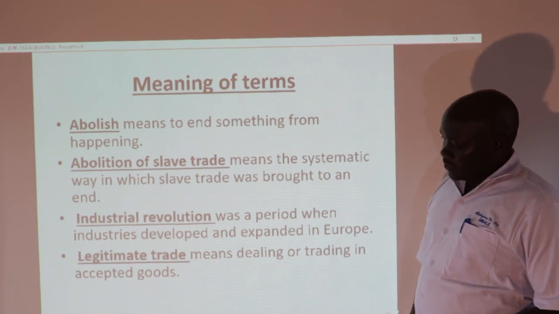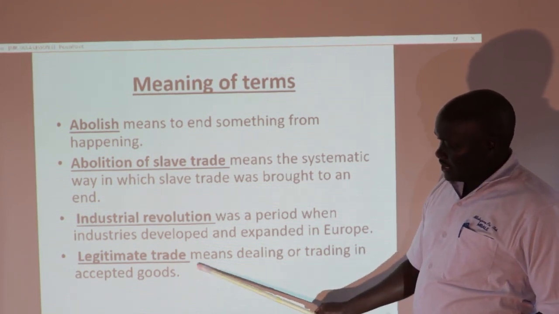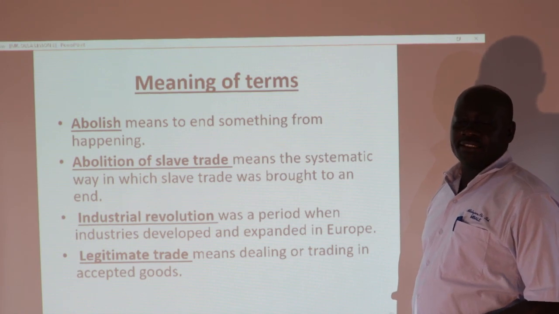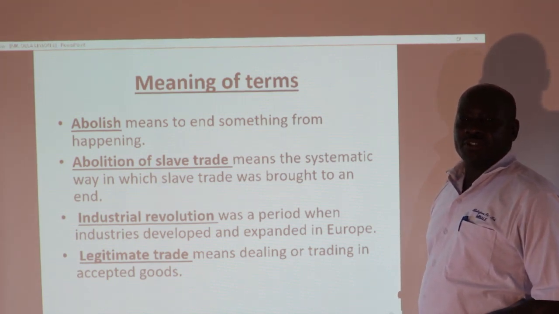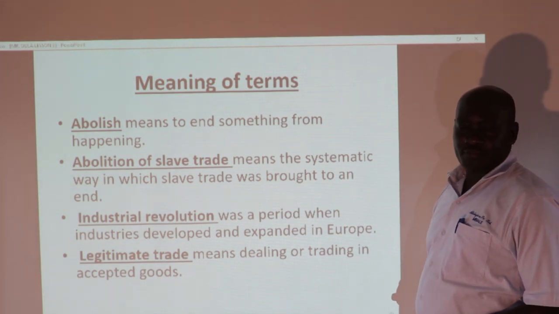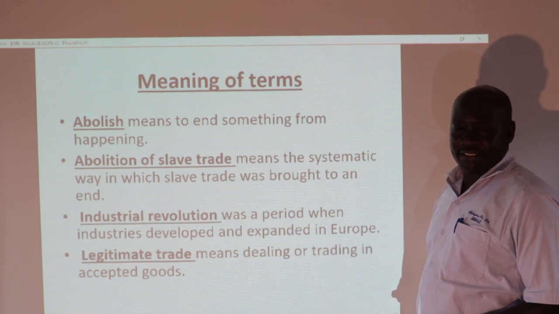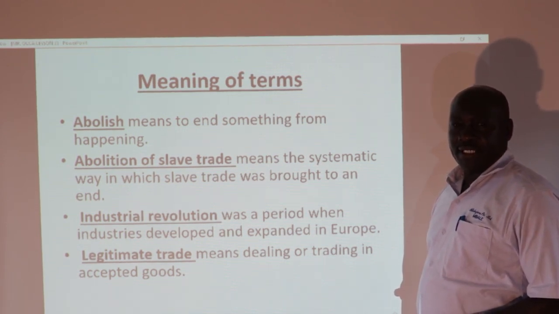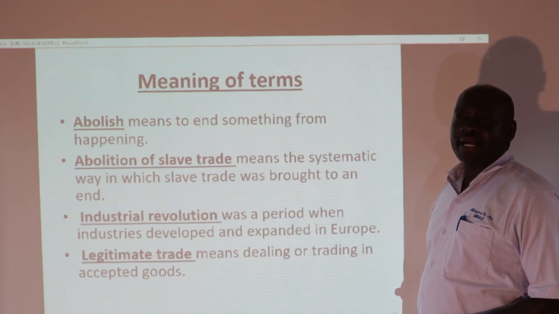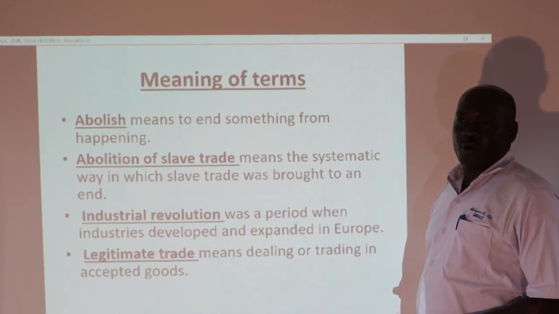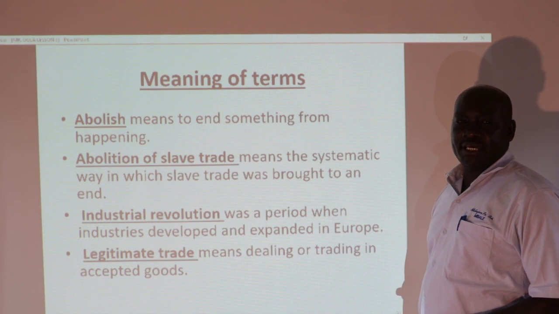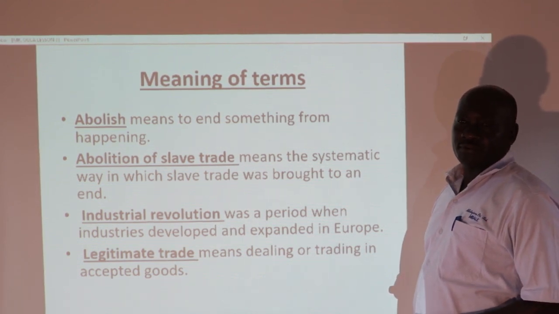Then we move to the next one, that is legitimate trade, meaning dealing or trading in accepted goods. During the time of slave trade in Africa, it was not acceptable for people to be taken. It was something forceful.